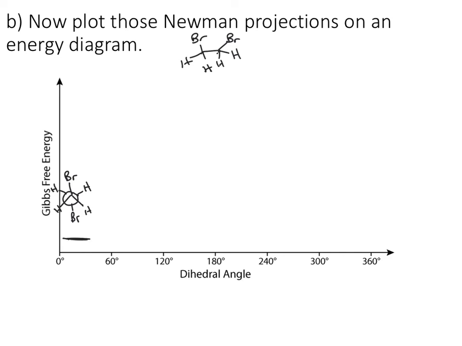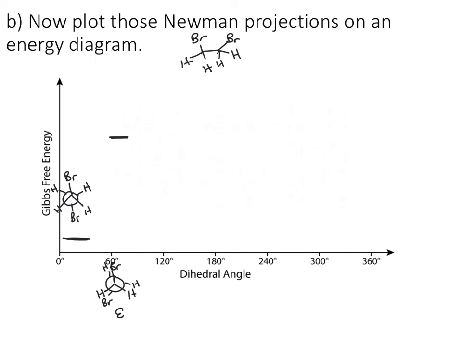Then if I rotate 60 degrees, I'm keeping the front carbon the same. Then my bromine goes over here, and my H is moved there. So now I have an eclipsed, so that's going to be higher in energy. So let's put that up here.